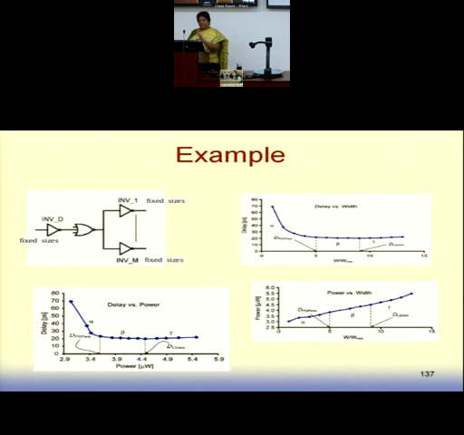As a result, your PDP may not be minimum. PDP may be increasing because the increase in delay may be over-dominating the decrease in power. So you can see that PDP minimum comes somewhere here, and after that delay increases while power is also reducing, but overall PDP may not be reducing; it might be increasing.